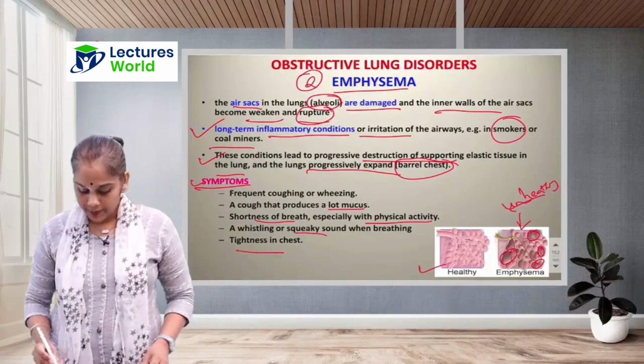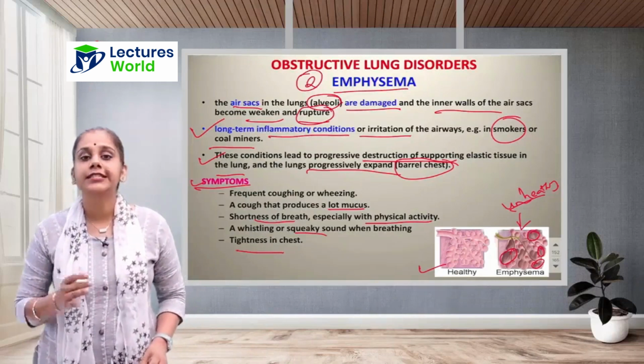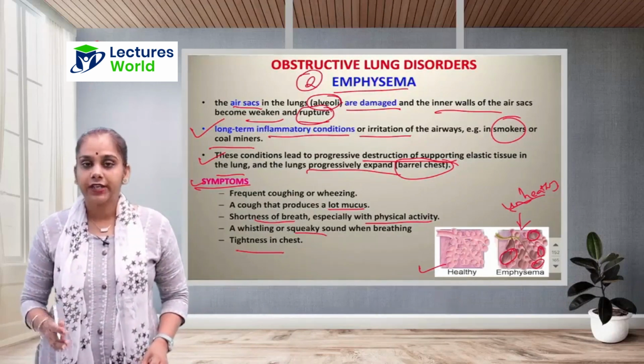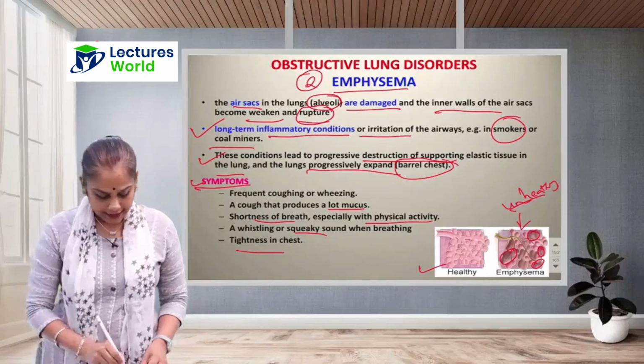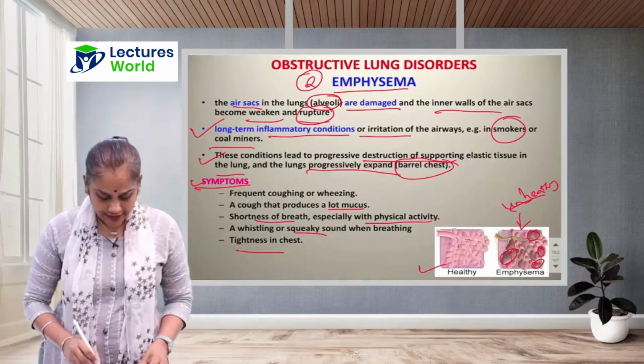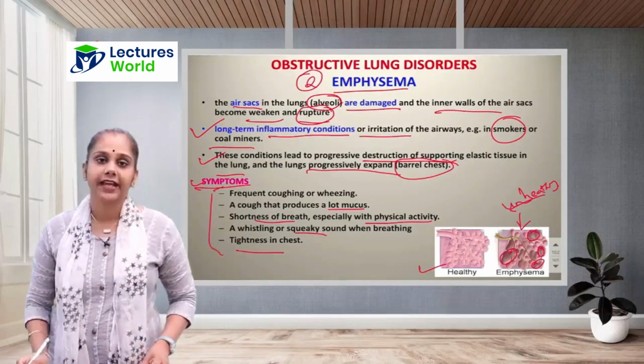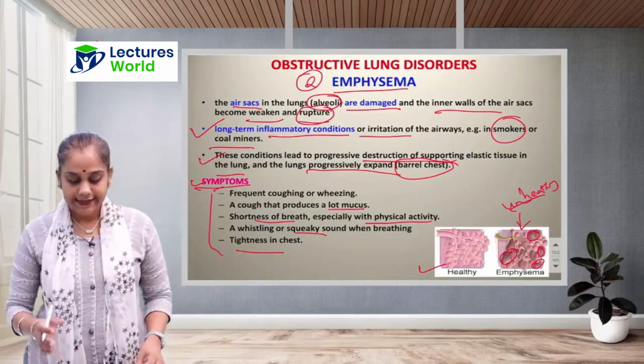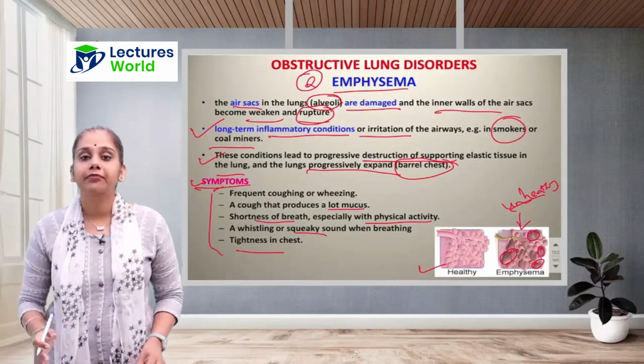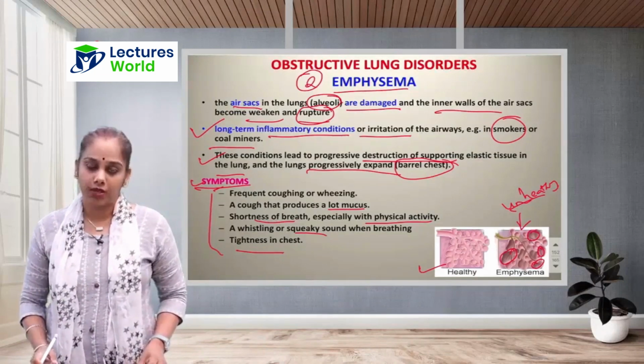There will be less oxygen exchange in the alveoli, so because of emphysema this type of symptom can be seen. So what is emphysema? It is damage of the alveolar wall.